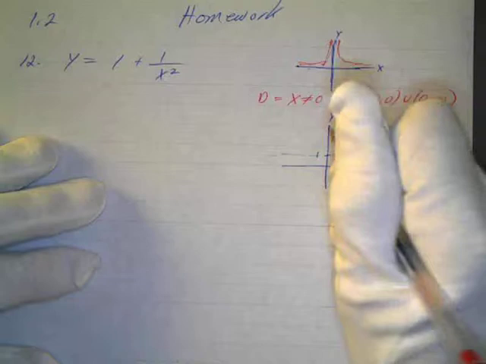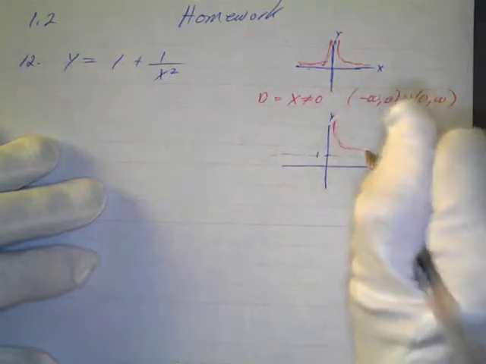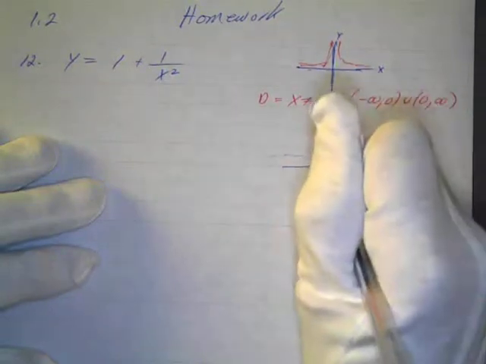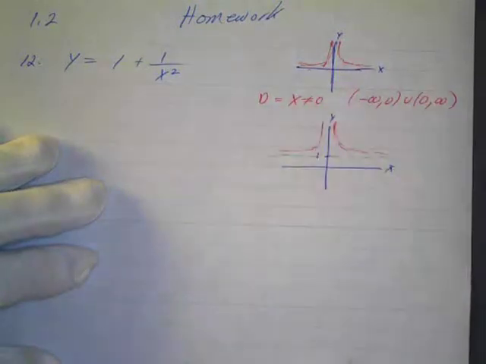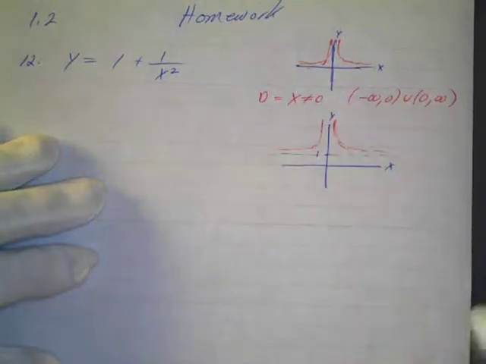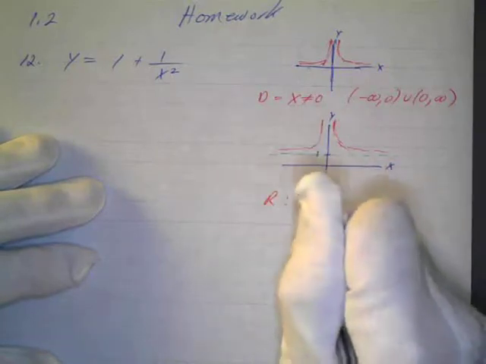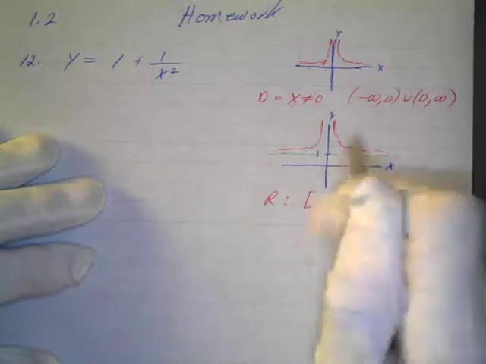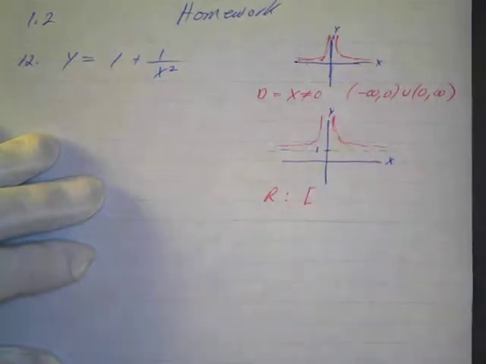Everything will be almost the same. It's just shifted up. So as far as the domain is concerned, the domain would be the same. But that's what it would look like. And the range now would be the interval, and it's going to be not equal to 1, so it's going to be, oops, that was wrong.